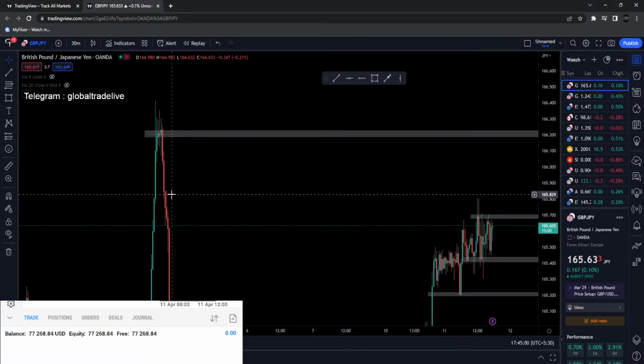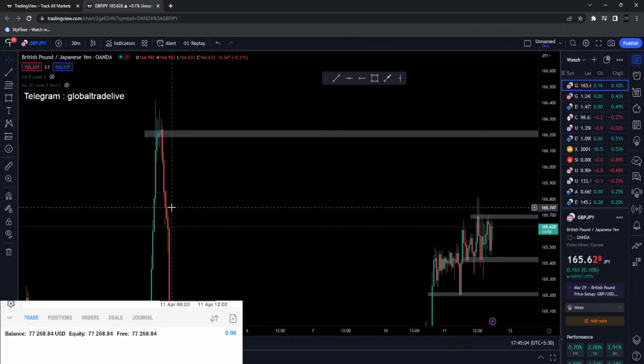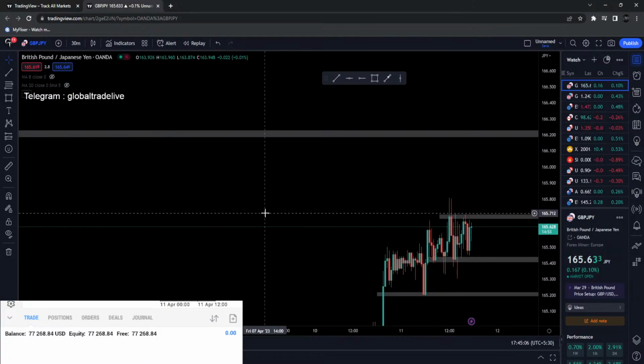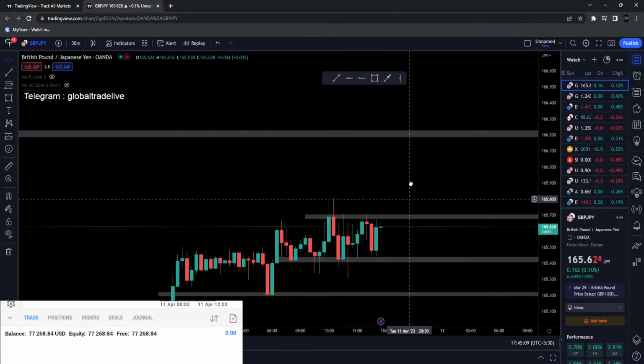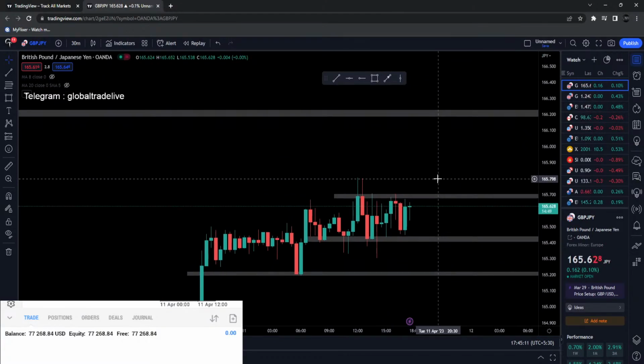We might be facing some issues over here. There is a wick rejection, so there might be some issues in this area, but after that it will be clear, because the market is going to break the consolidation, and whenever a consolidation zone breaks, there should be some volume coming up.